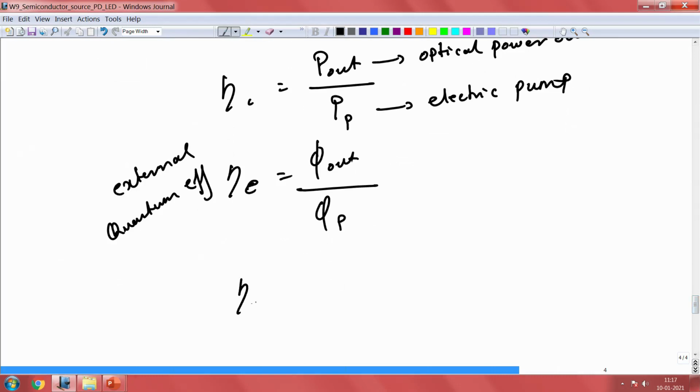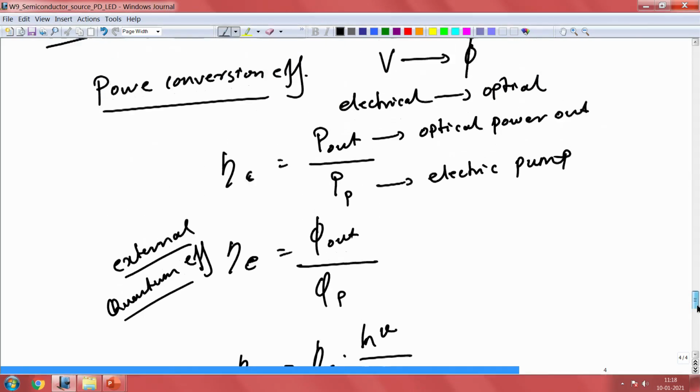Now the conversion efficiency is a function of the external efficiency times h nu by E v. So, this is our power conversion efficiency. As you can see, your power conversion efficiency depends on the external quantum efficiency. So, we should understand the external quantum efficiency in order to calculate our total conversion efficiency.